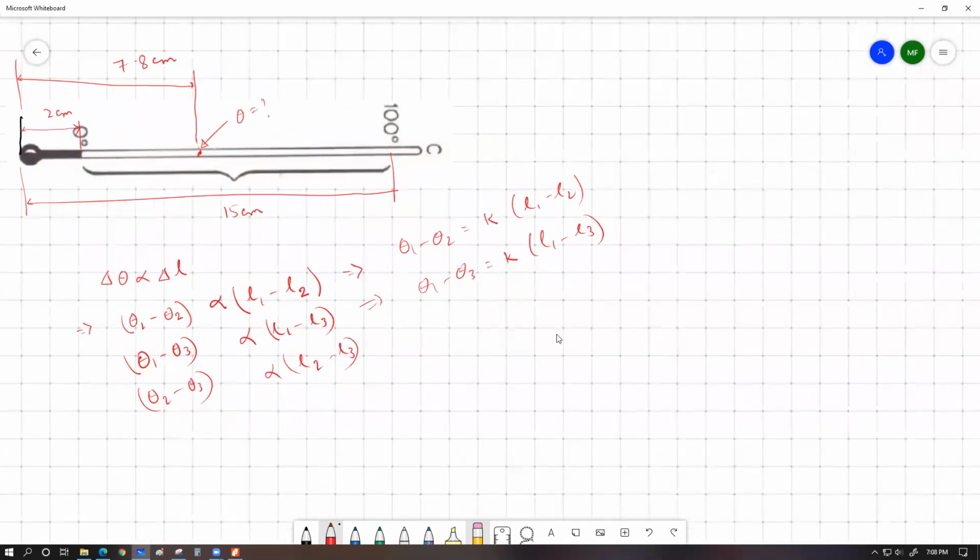If I now divide these two equations, what am I going to get? k and k will cancel each other, and I can get an equation like this: theta 1 minus theta 2 divided by theta 1 minus theta 3 equals L1 minus L2 divided by L1 minus L3.